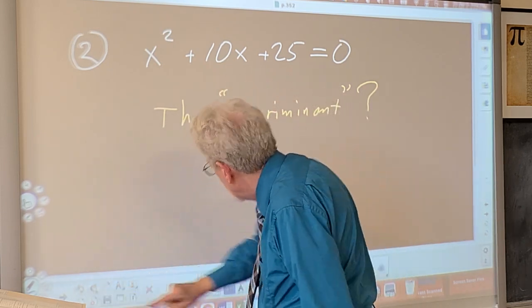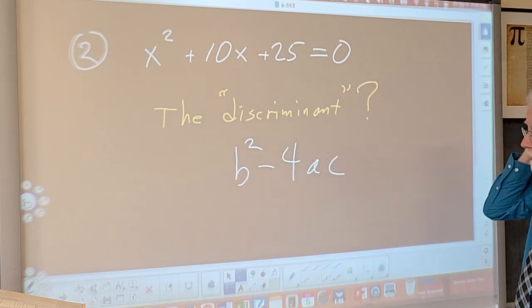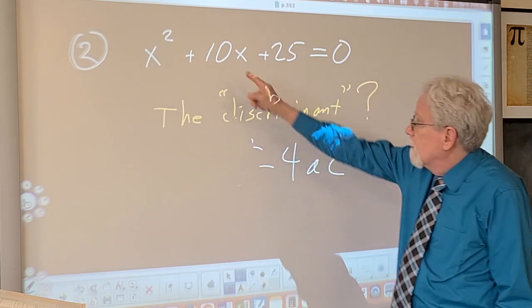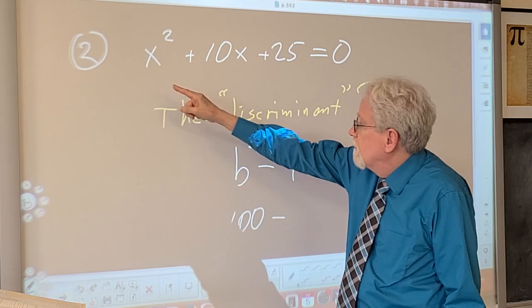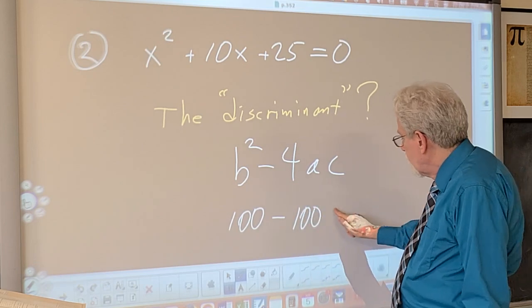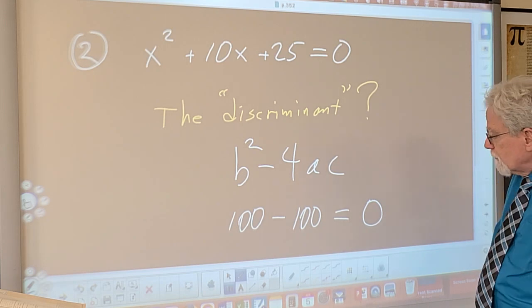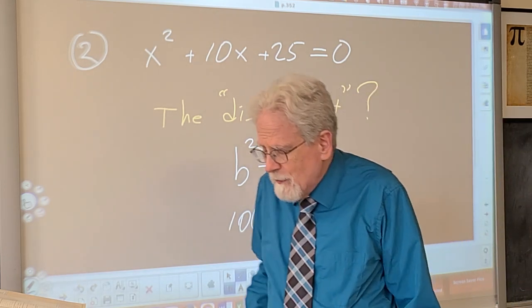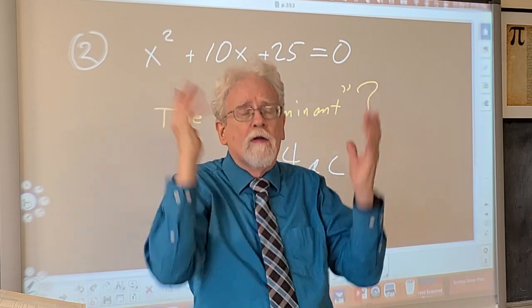Oops, erased it too much. Come on back. So what is the discriminant? It is b squared, that's 100, minus 4 times 1 times 25, that's minus 100. This is a situation where the discriminant equals 0. Because the discriminant equals 0, in the quadratic formula the plus or minus part would be gone.